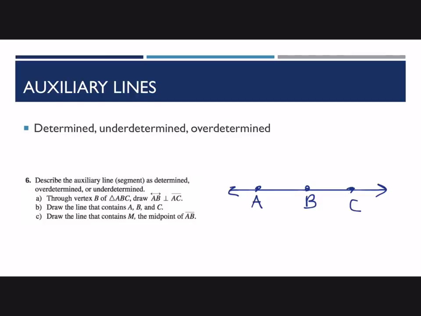So this would be a determined line, so it's just saying draw a line that contains these points A, B, and C. So it's not forcing any conditions on the problem, and it's also not too ambiguous. So if I had these 3 points on this line, there's no other line that I could put through all 3 of these points. So it's just enough information. All right, so that one's determined.